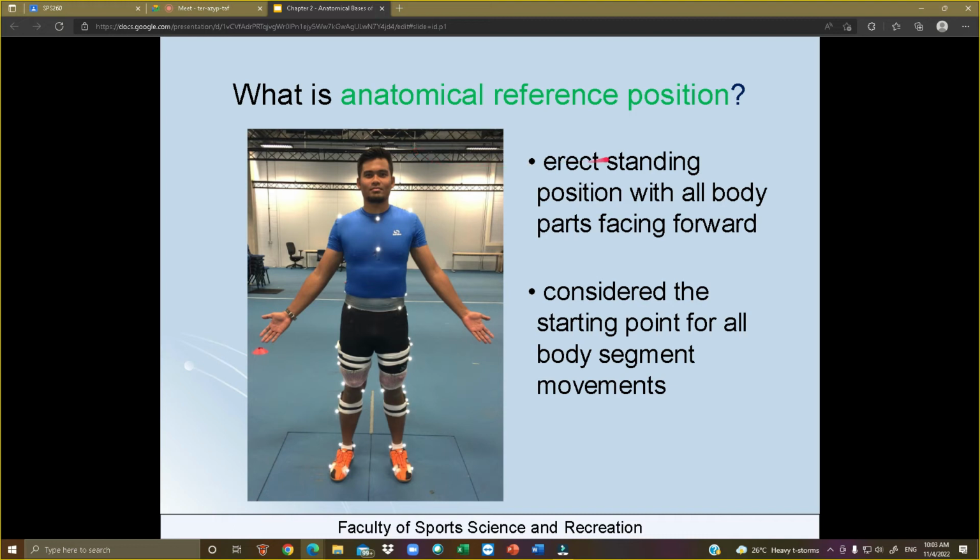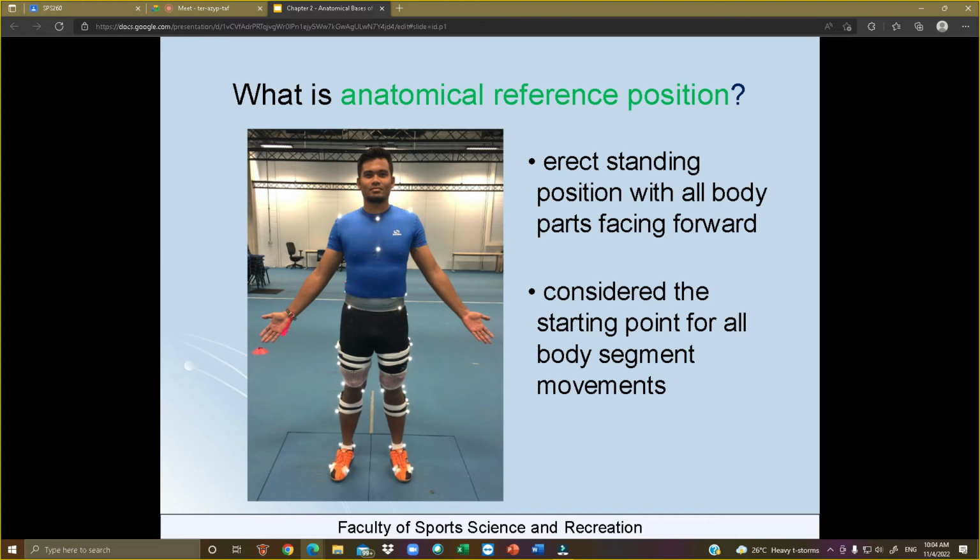Okay, so erect standing maksudnya standing dengan tangan terbuka. Erect standing position with all body part facing forward. Meaning that you stand upright and your palm facing forward. This is anatomical reference position, or sometimes people call it as A position.